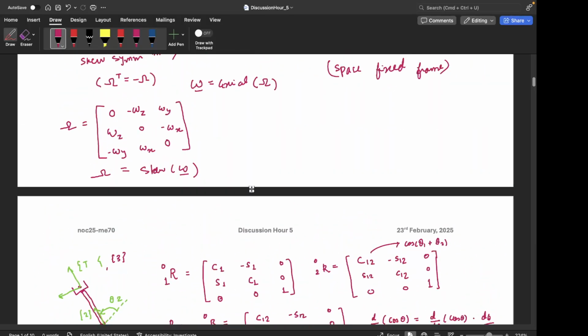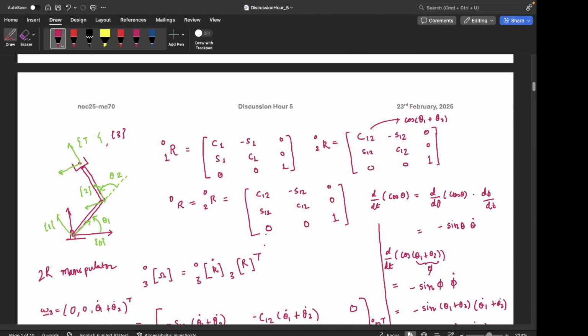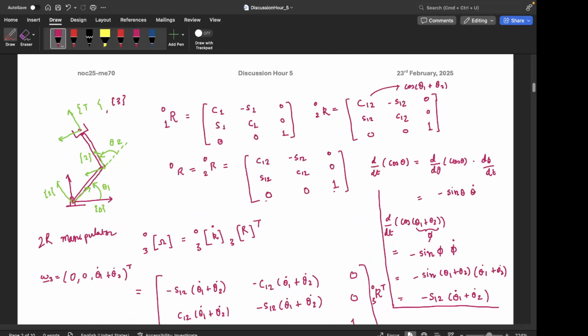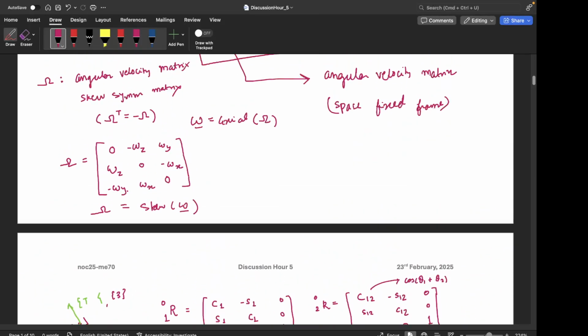So that's why I said that this omega that we calculated fits into the description of the skew symmetric matrix that I wrote here. In the 2R manipulator's case, it so happens that omega y and omega x are 0. But for any general 3D rigid body motion, you can get other terms as well, non-zero. So that is the skew symmetric matrix part.